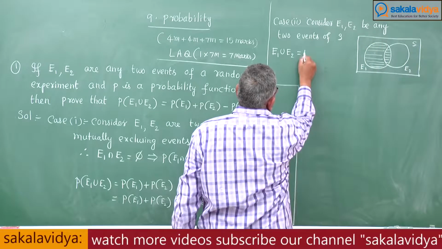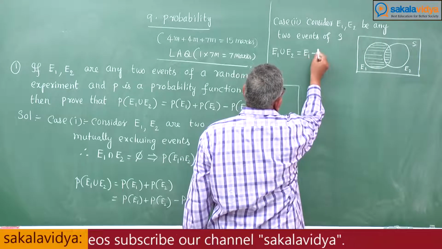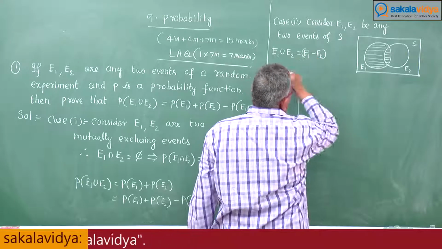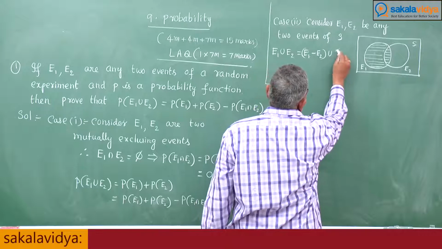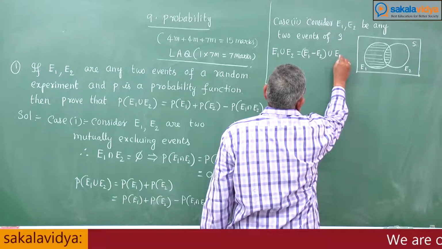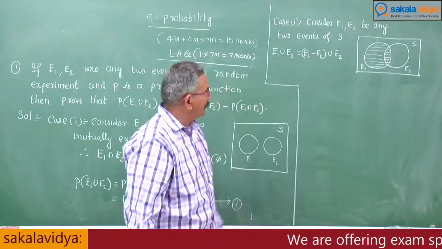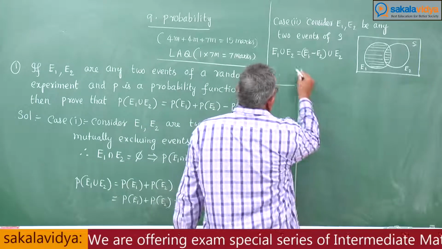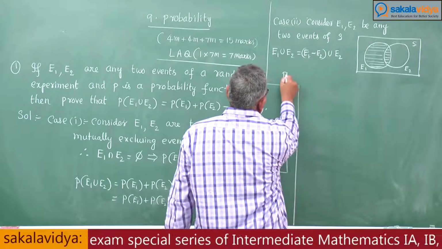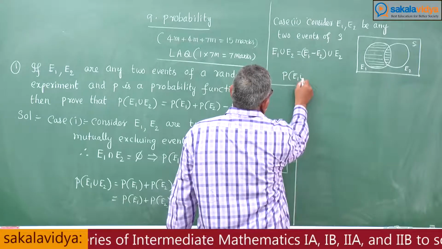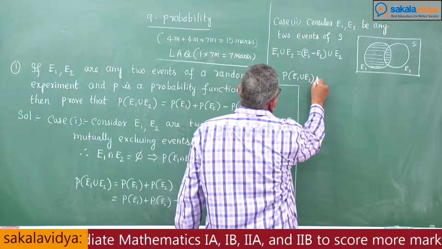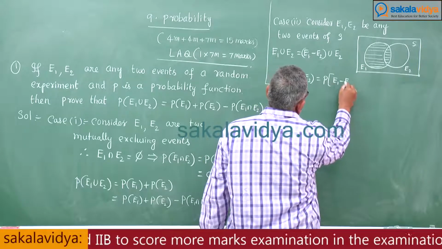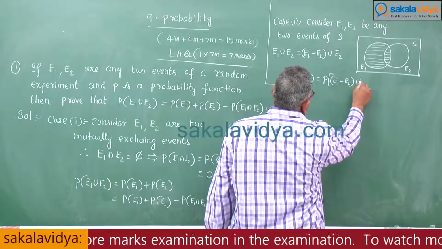Now, write down P of E1 union E2, that is P of E1 minus E2 union E2.